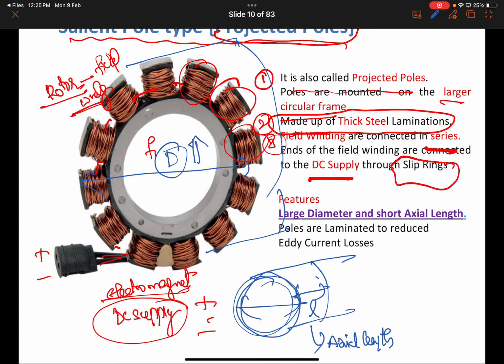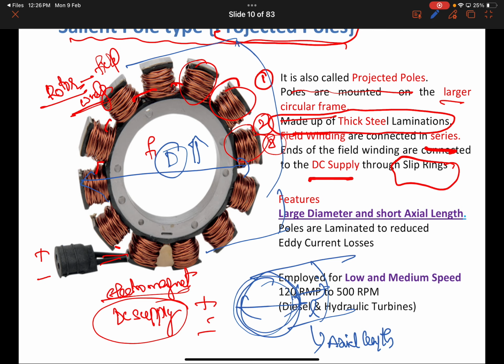So we can conclude that in the salient type we have less axial length and more diameter, as per the water bottle example I have shown. In the second case we get the corresponding thing in the reverse, opposite terms.